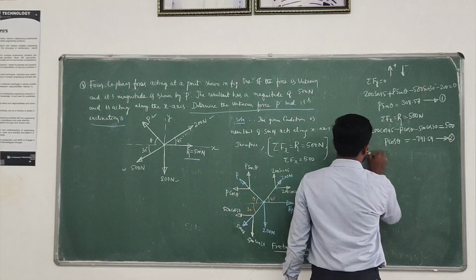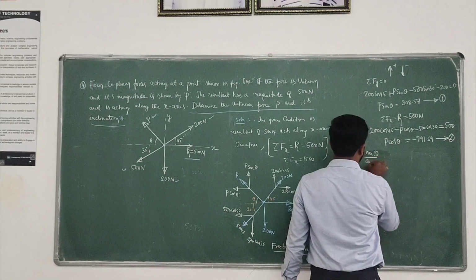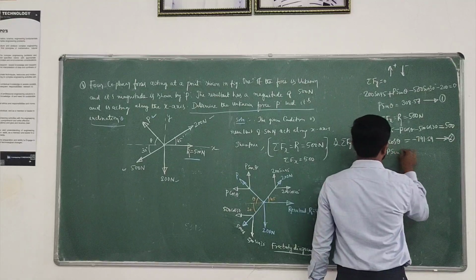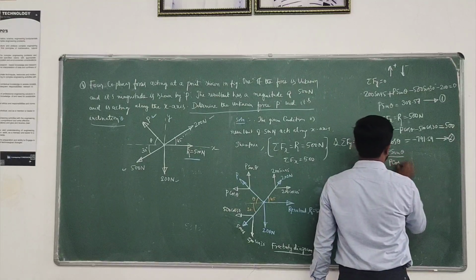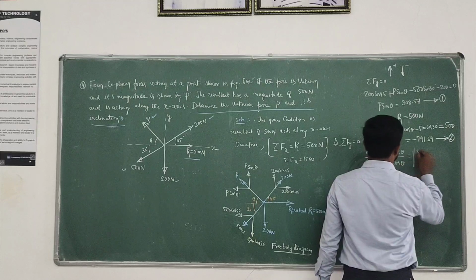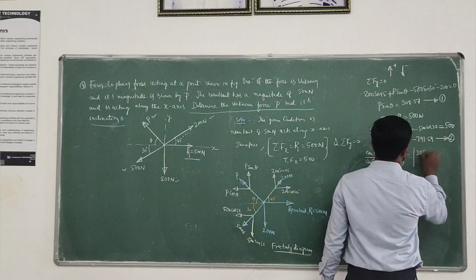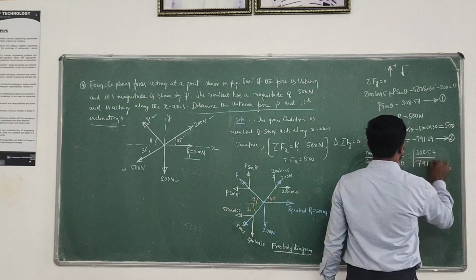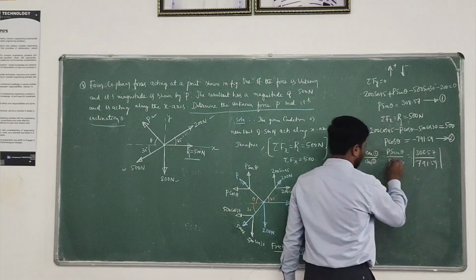Now divide equation 1 by equation 2. That is P sin theta divided by P cos theta, which equals 308.57 divided by 791.59. So P gets cancelled.